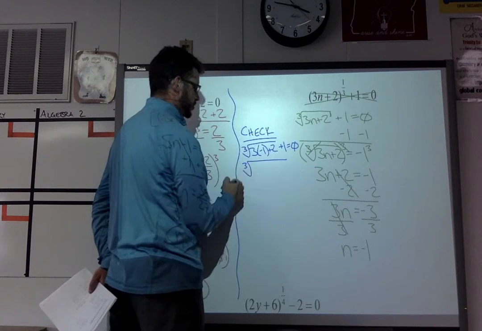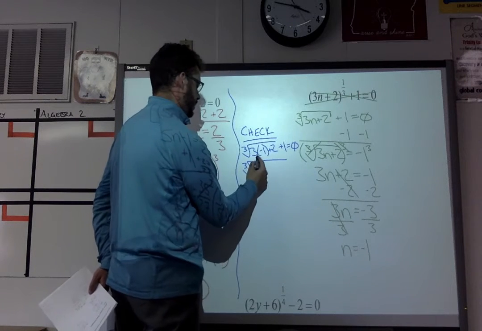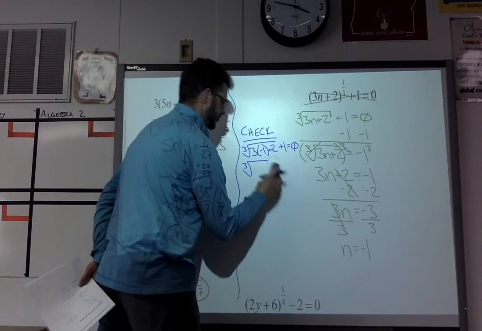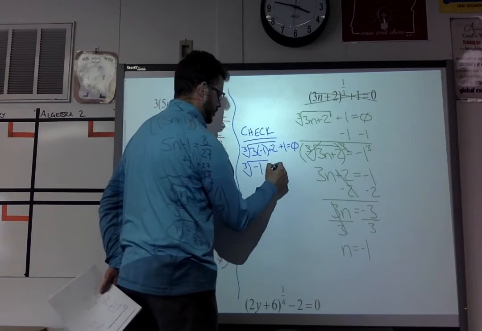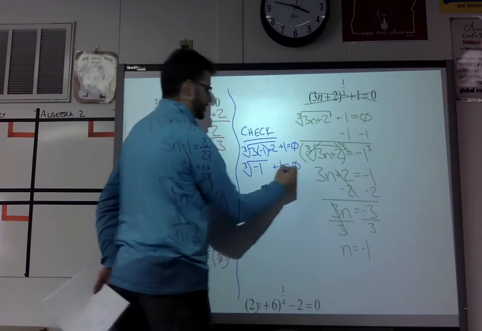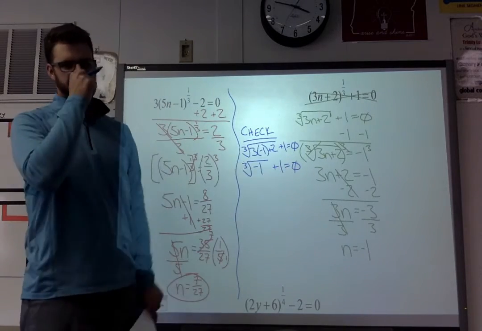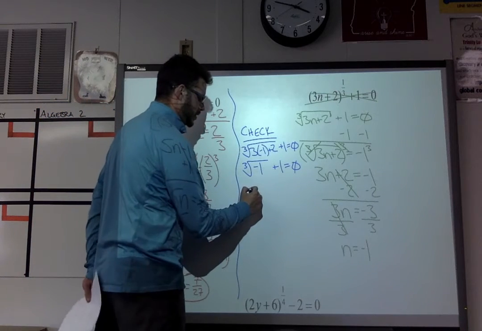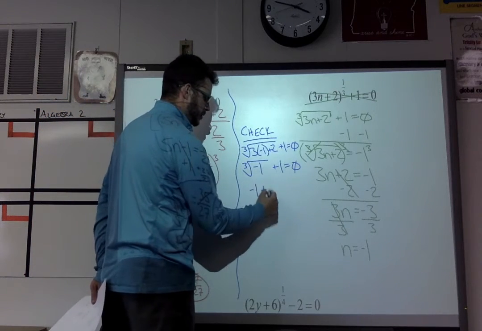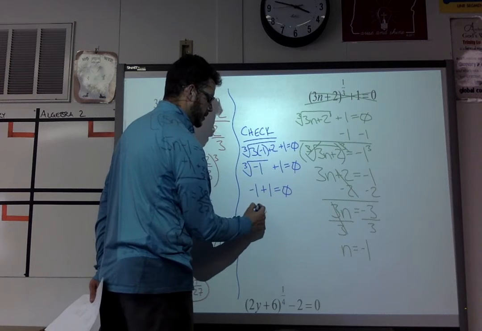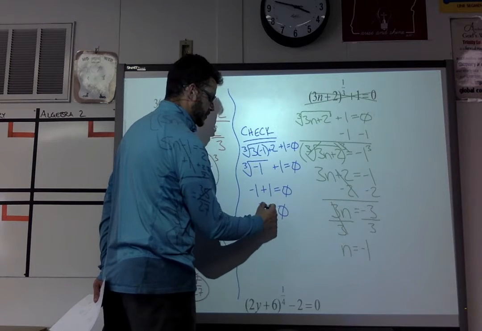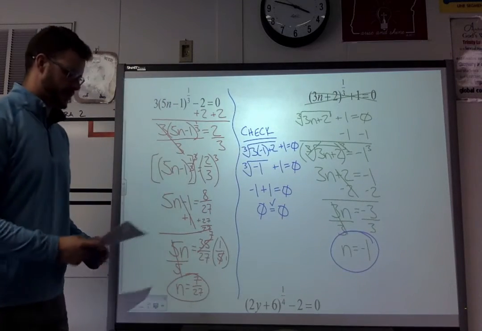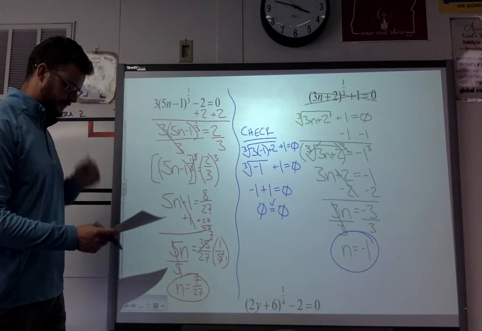So the cubed root of negative 3 plus 2, which will give me negative 1, plus 1 equals 0. Now the cubed root of negative 1, so what times itself 3 times equals negative 1? Our answer would be negative 1 plus 1 equals 0. 0 equals 0, so that does work. So our solution would be n equals negative 1.